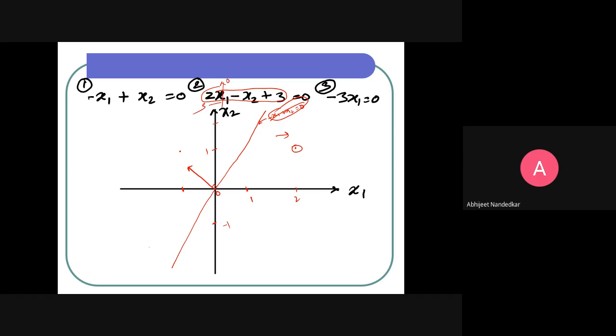And when I put x2 equal to 0, it will be minus 3 by 2, somewhere here. So that is the intersection point. If you join these two points, since I have not drawn properly, you will get some line like this.